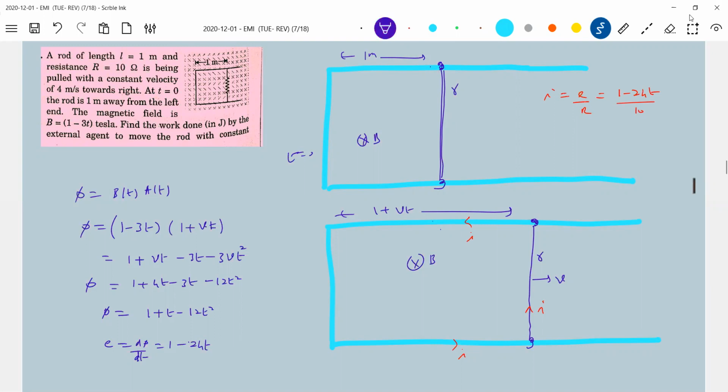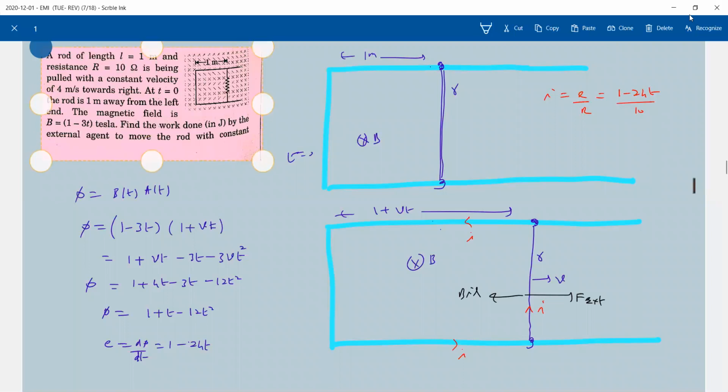Then the external agent should apply force in this direction. BIL force will act here. Find the work done by the external agent to move the rod with a constant velocity for 5 seconds.